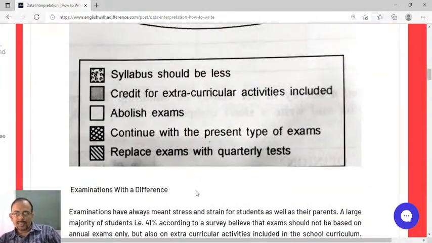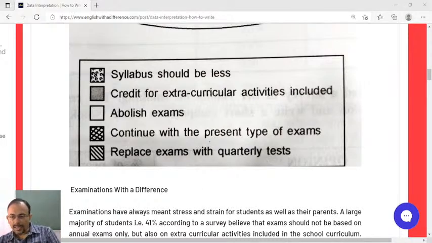Okay. So dear students, you are having a 7 mark reading skill. Then you are having a 5 mark data interpretation, right? And then you are having the reported speech.